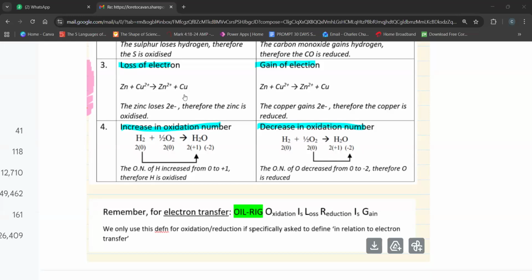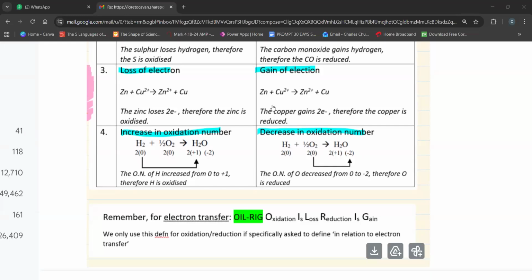That means it has 2 protons more than the number of electrons inside it. So that's why it has a 2 plus on it. That's the reason why it's said to be oxidized, because it lost 2 electrons to acquire that +2 charge. So it went from 0 to +2. That's an increase in oxidation number.